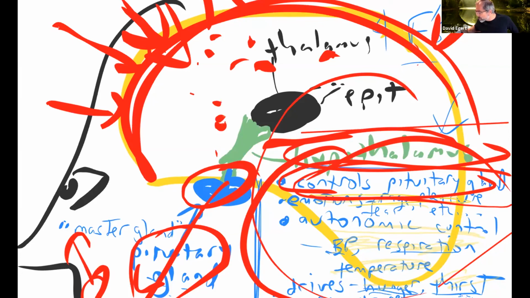I'll read you this quote, because again, I think it's funny. It's this guy, Simon LeVay. He says, people tend to stay away from the hypothalamus. Most brain scientists prefer the sunny expanses of the cerebral cortex to the dark claustrophobic regions at the base of the brain.